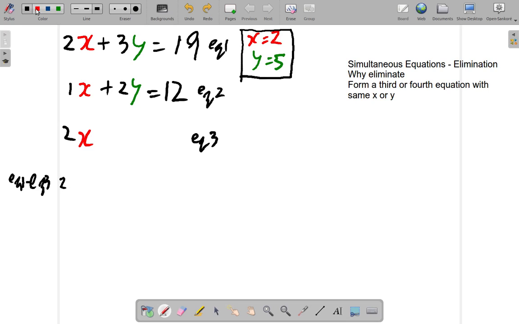You would have 2x minus 2x, and right here you would have a 0x. So x would be eliminated.